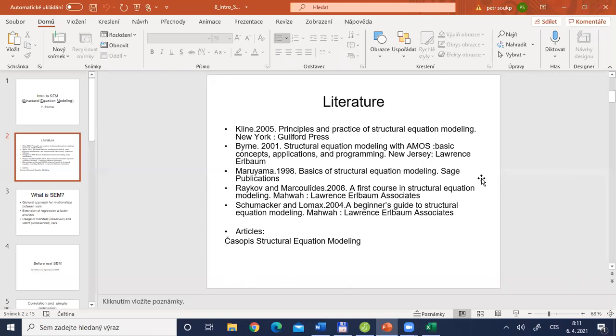And if you would like to read more about advancements in structural equation models and special applications, there is a special journal called Structural Equation Modeling, and you can find many articles from this journal online without any payment. So I can recommend you read these articles.